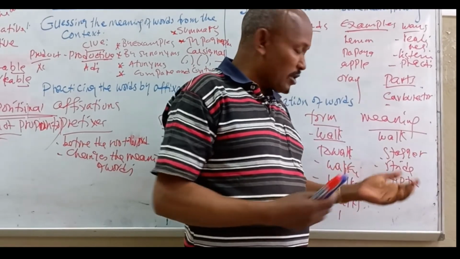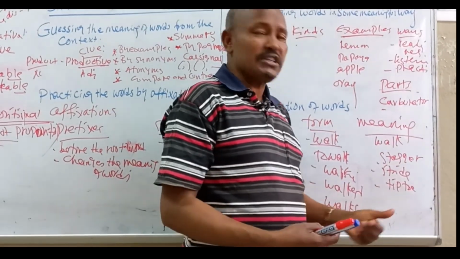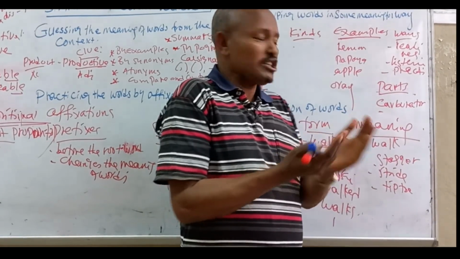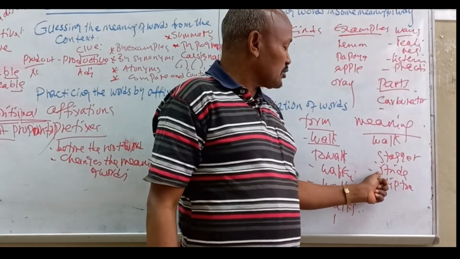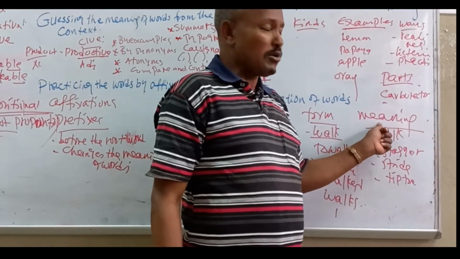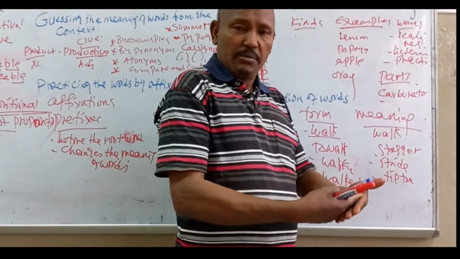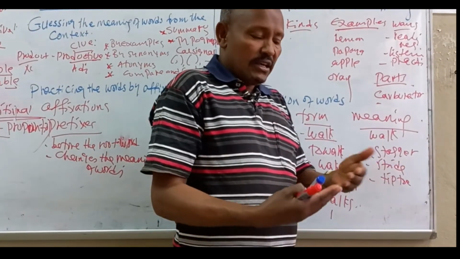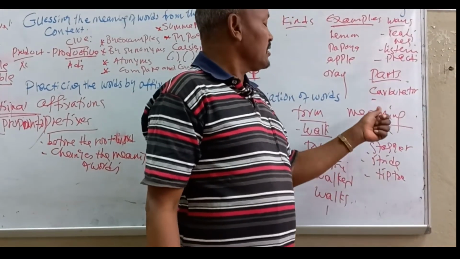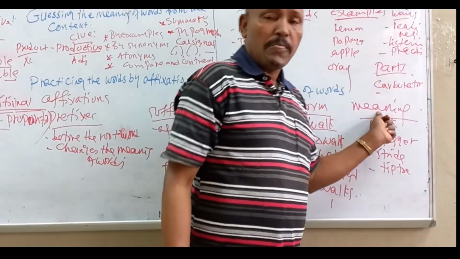The degree or way of walking for each word is different, but these words have the same association with stagger, stride, and tiptoe. So I can associate this word by meaning because they have almost close meaning, but the way that we walk is maybe different. This is meaning association.